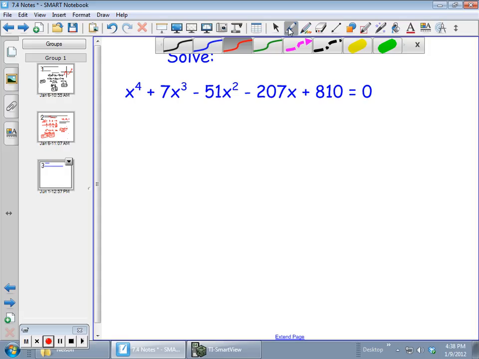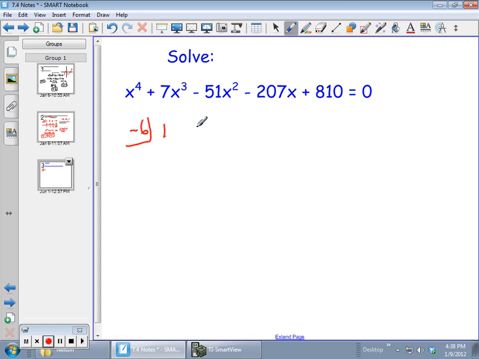So I'm going to put negative 6 in the box, and I'll write these coefficients out. So 1, 7, negative 51, negative 207, and 810. I don't need to put the plus there.